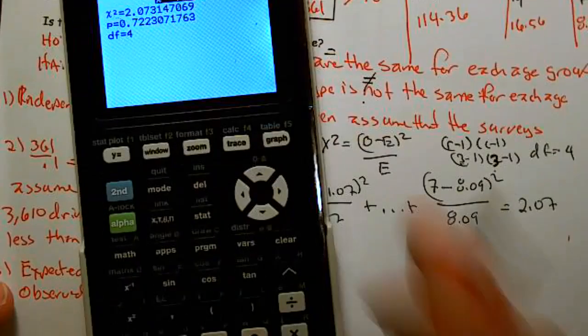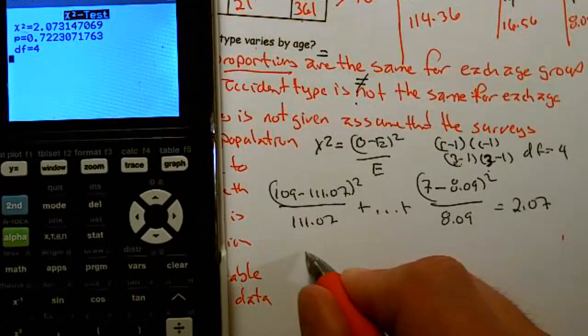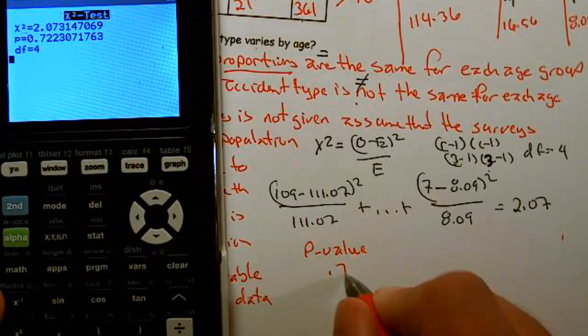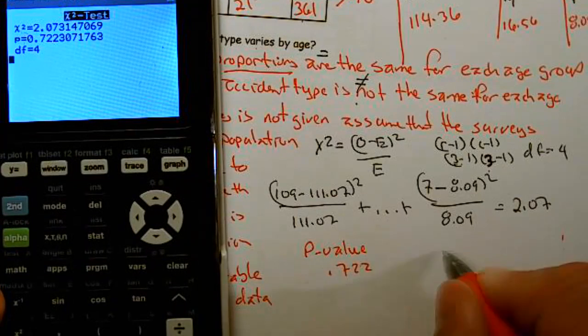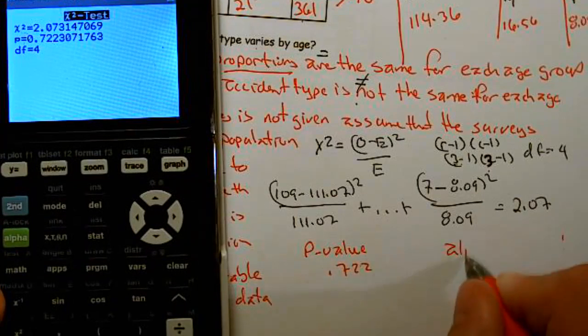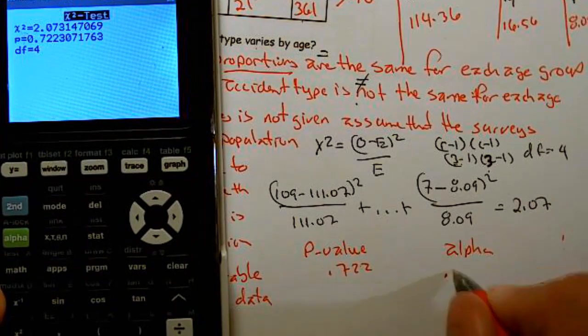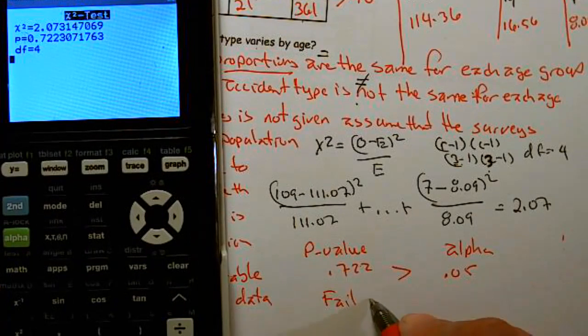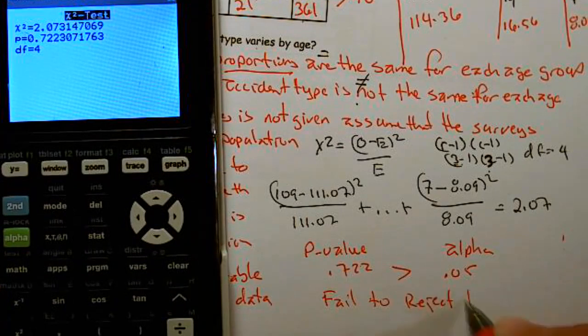They gave us a p-value. It's a very large p-value. 0.722. Alpha, 0.05. This is greater. So our decision is going to be fail to reject the null.